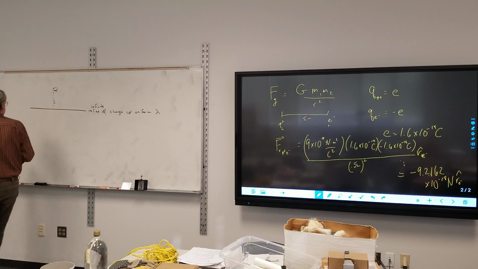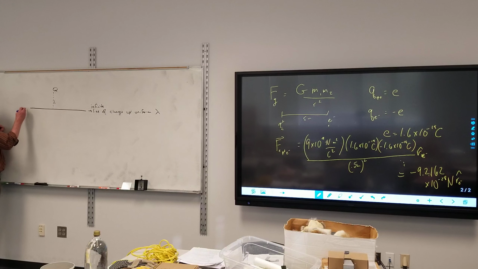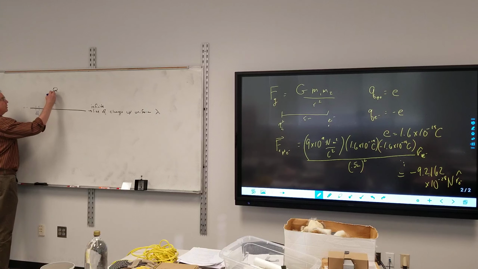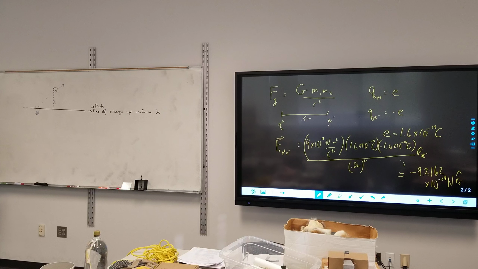So the way that you tackle these problems is that you take some small little segment here, which I'm going to call dl, and I'm going to look at the force between this small little segment of charge and that charge, and then integrate. Now, if not told, assume it's positive. So there's a force in that direction.